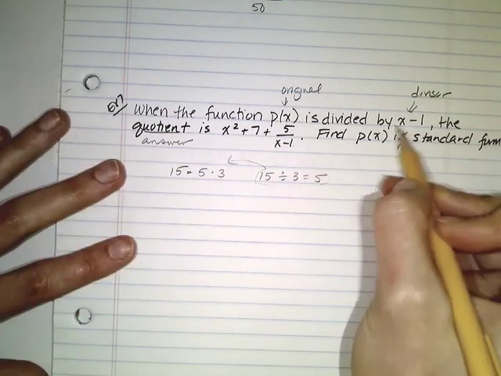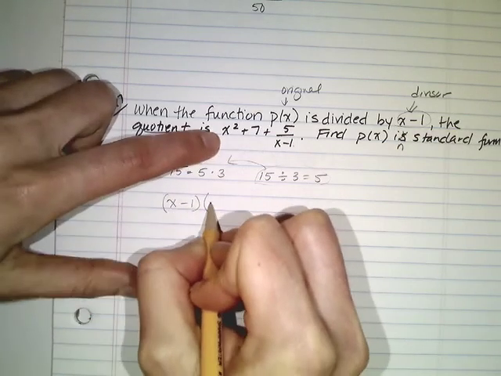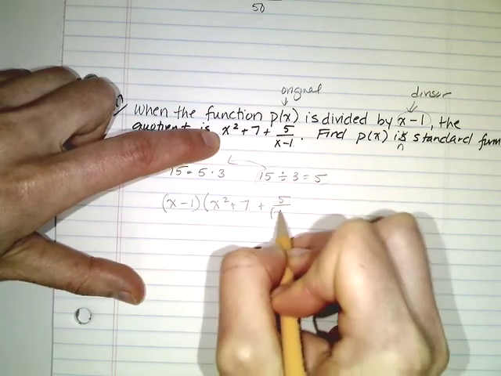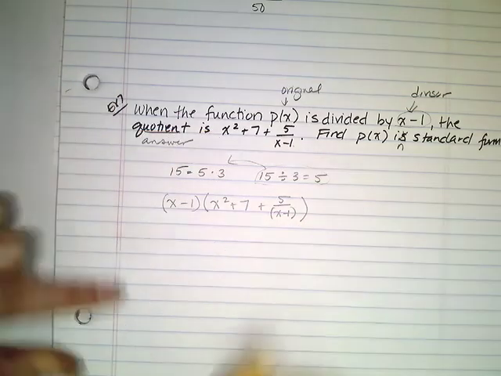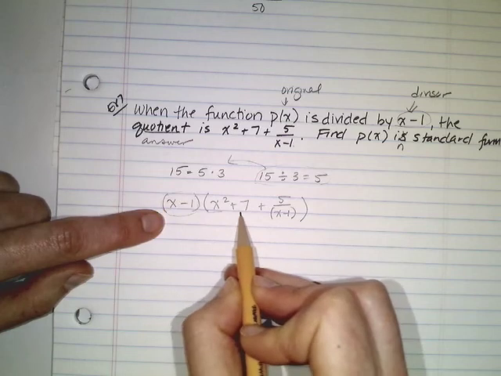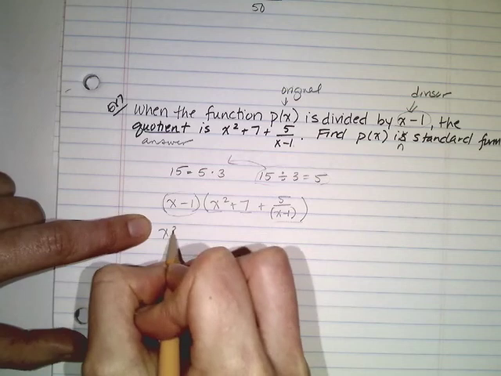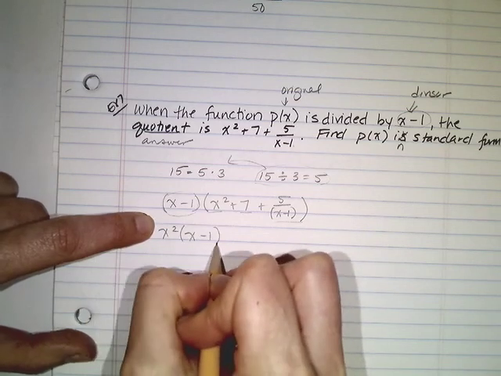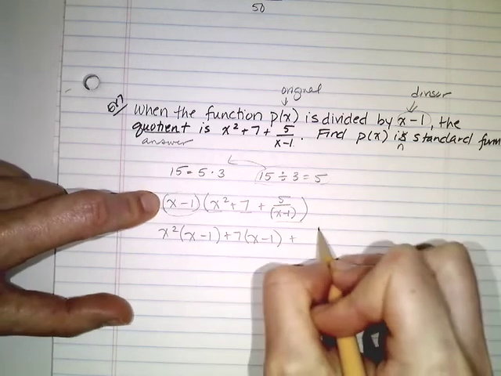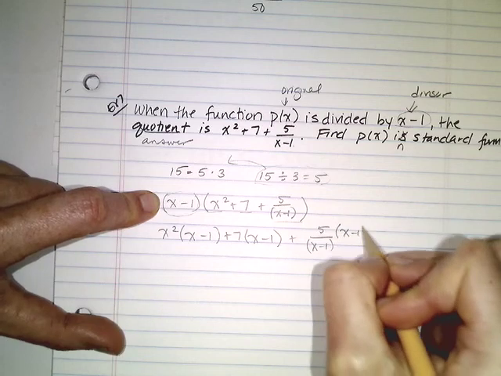So instead, I'm going to take x minus 1 and multiply it with x squared plus 7 plus 5 over x minus 1. Okay? And when you do that, essentially, you're taking x minus 1 and multiplying it to every term individually. So this is like saying x squared times x minus 1 plus 7 times x minus 1 plus 5 over x minus 1 times x minus 1.